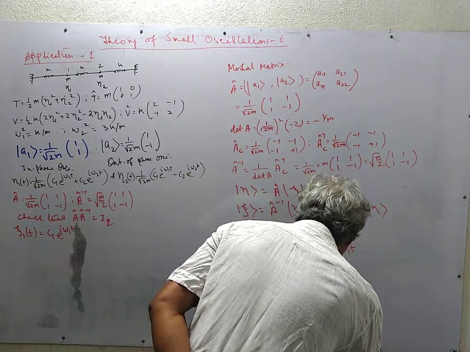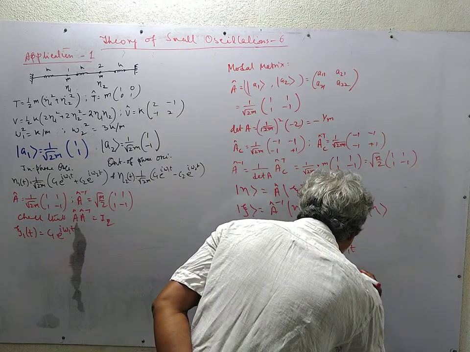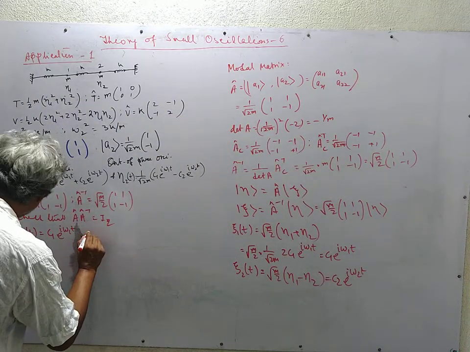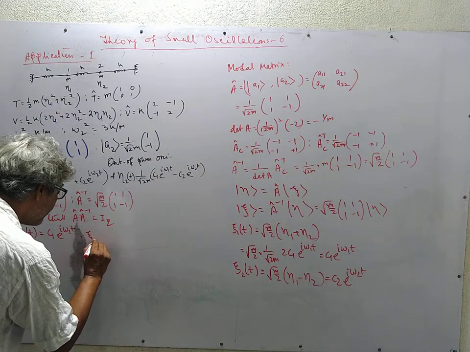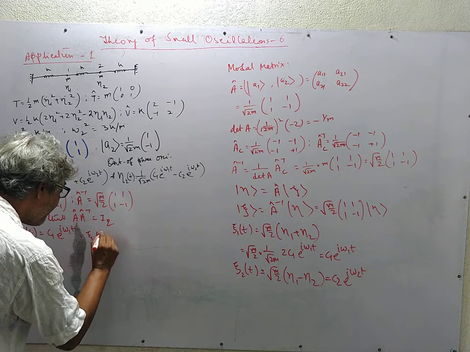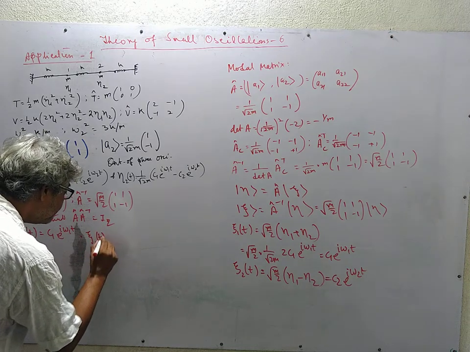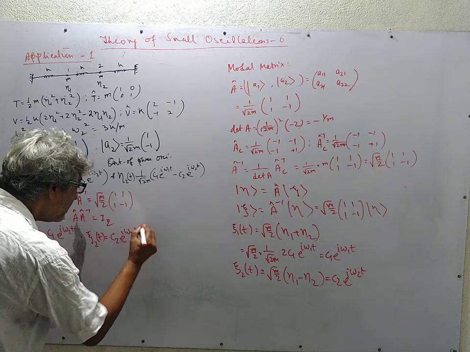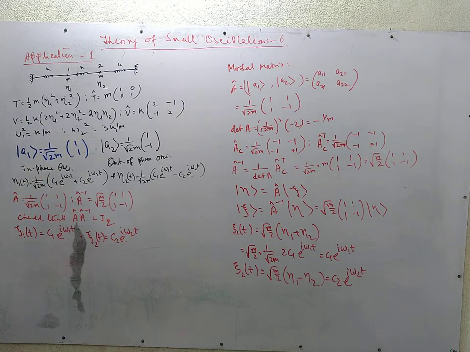So this is simply C2 e to the power i omega 2 t. So this is the second normal mode of oscillation. So we have worked out the entire thing regarding this.